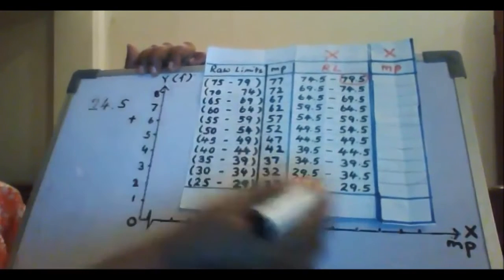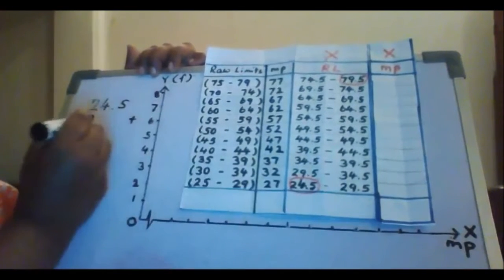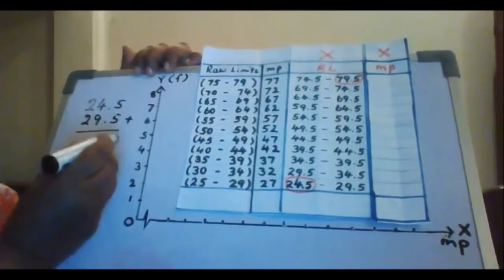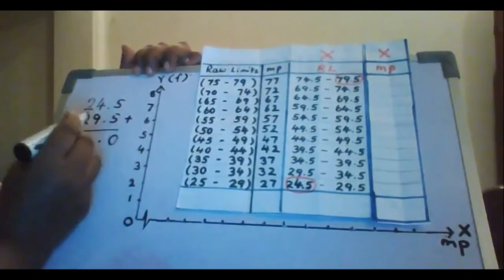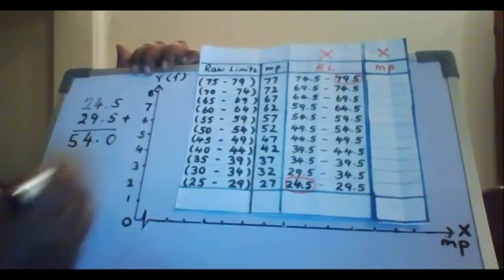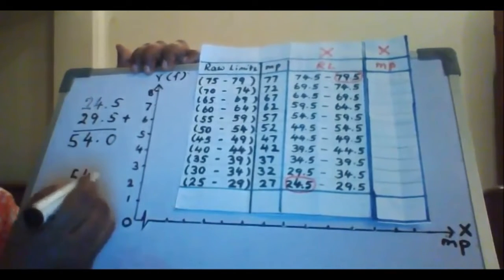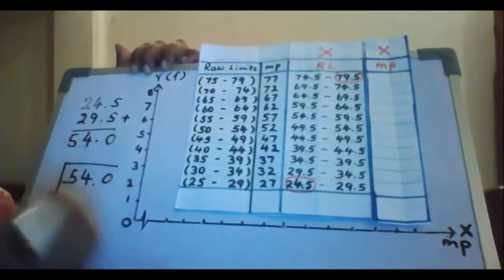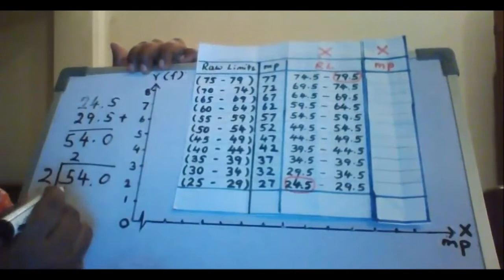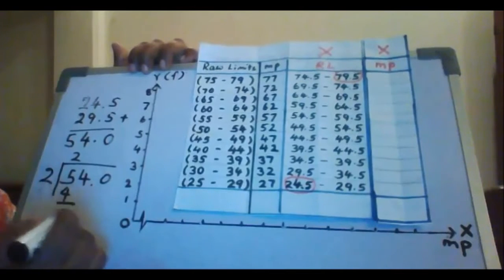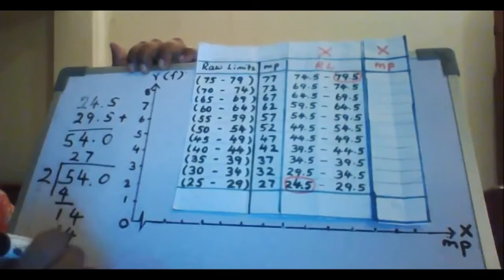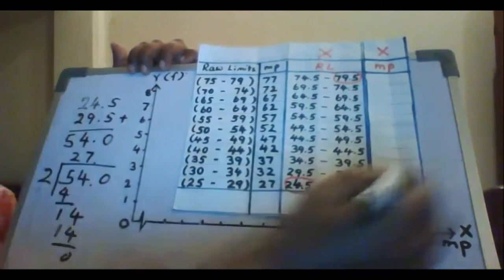How to get the midpoint of this class? 24.5 plus 29.5. What is that? 54. Divide 54 by 2. It is 27.